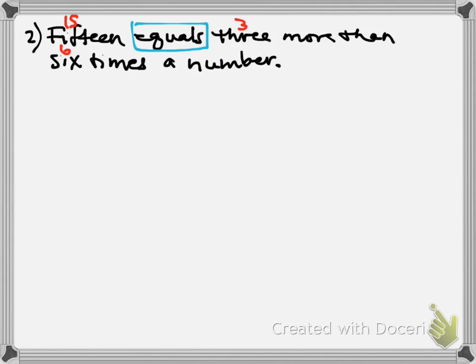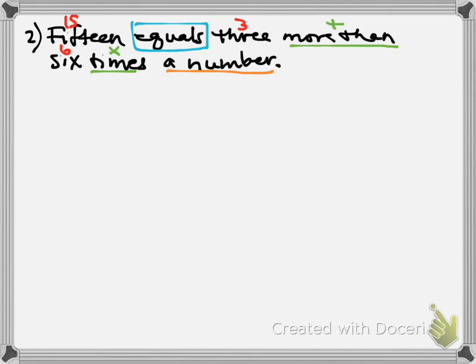No, tell me the phrases. More than tells us to do what? More than means to add. Okay, what else do you hear? Times, that tells us to multiply. Okay, now, what haven't I underlined at this point? Or boxed or something, a number. So that gives us a hint that that's what our variable is going to be.